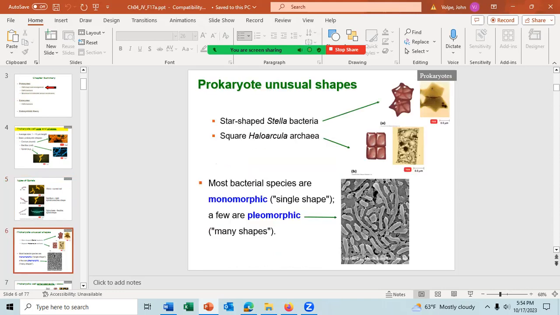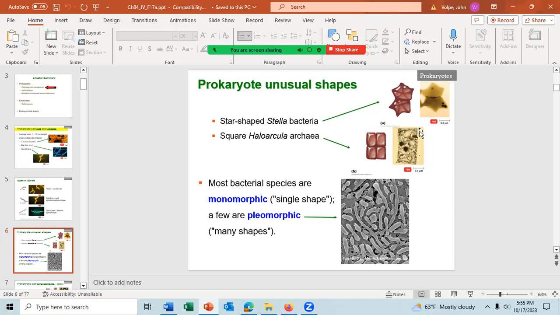There are some unusual shapes among the prokaryotes. We're not going to talk about them, but the Stella bacteria actually takes a star-type shape. This is an actual electron microscopic image of the Stella, and there's an artist's rendition of it. And then the Haloarcula, it says square here, but if you look at that closely, it's more rectangular.